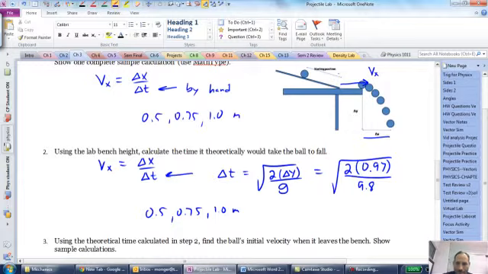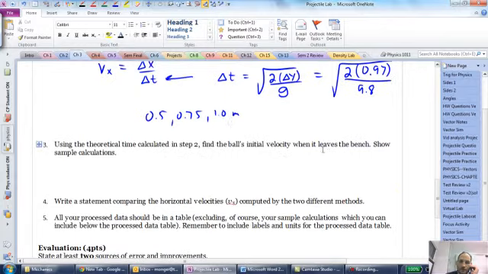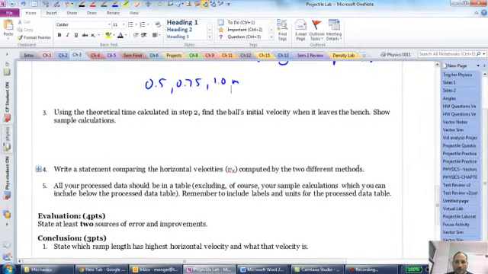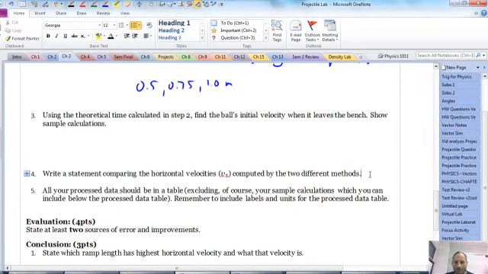Okay, the delta x is down here, what you measured on the floor. All right. Oh, I'm sorry. I already did both step 2 and step 3 in the same place. So step 2, officially, you're supposed to just find the time. Step 3, you're going to put it into the calculation. That shouldn't be that terribly difficult.